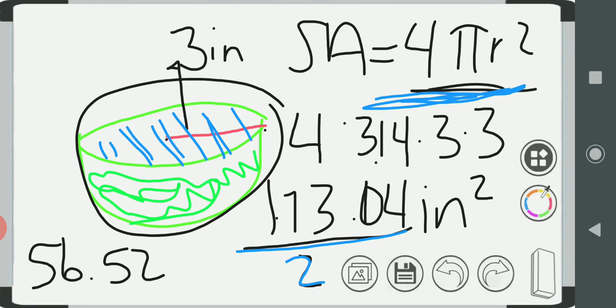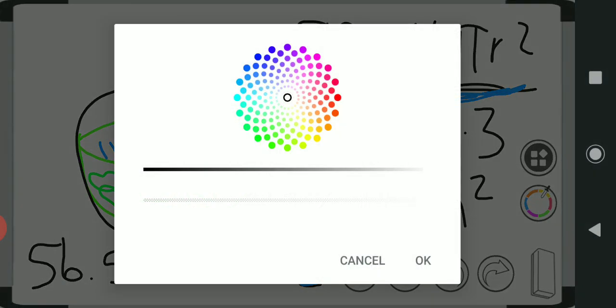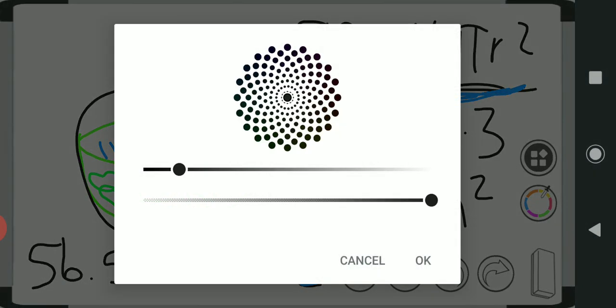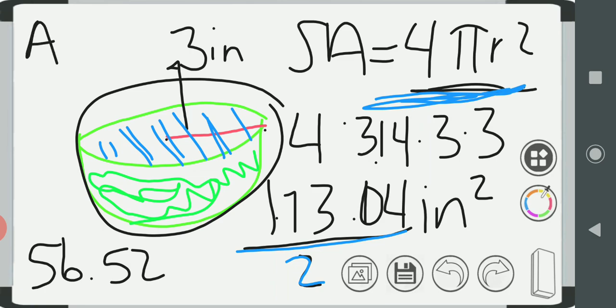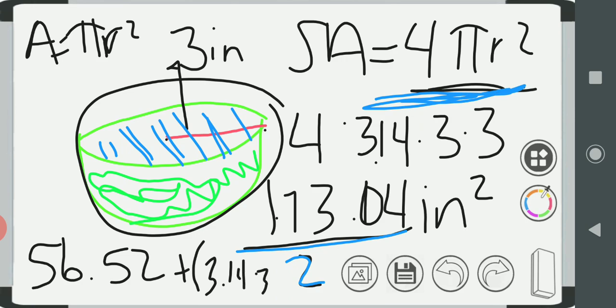We need to find the area of that circle. And how do we find the area of a circle? If you look on your GED formula sheet, area equals pi r squared. That's supposed to be an r, not a v. So radius is still 3 inches. So I'm going to add onto here 3.14 times 3 times 3.